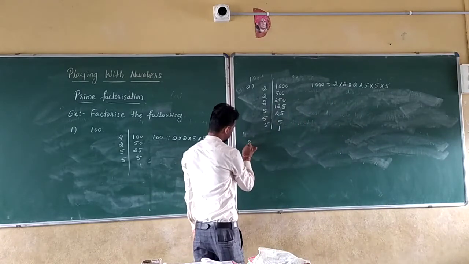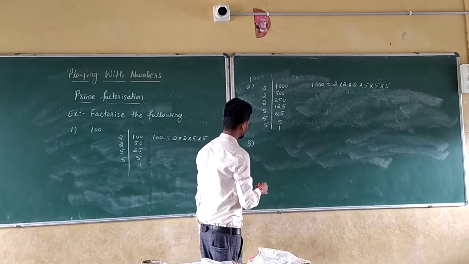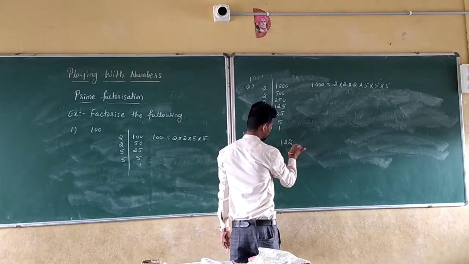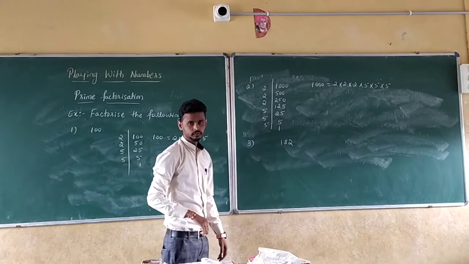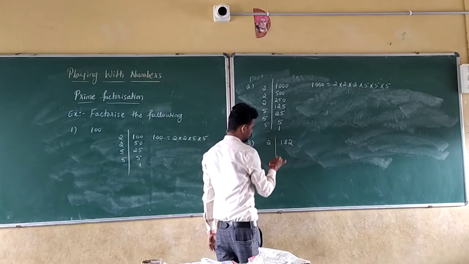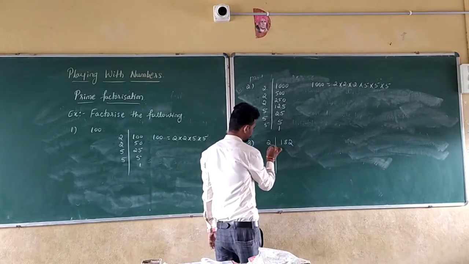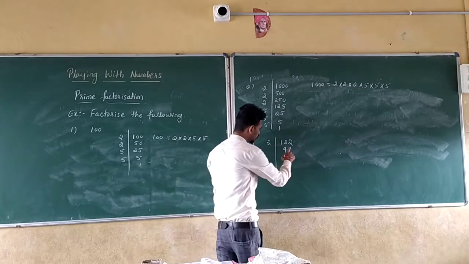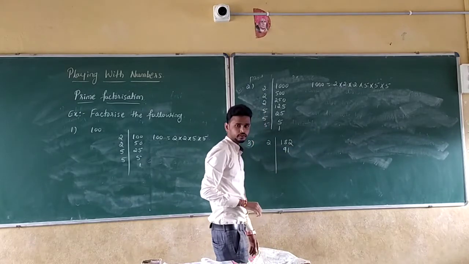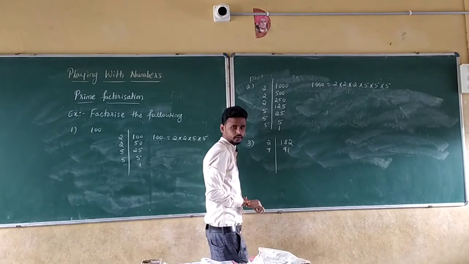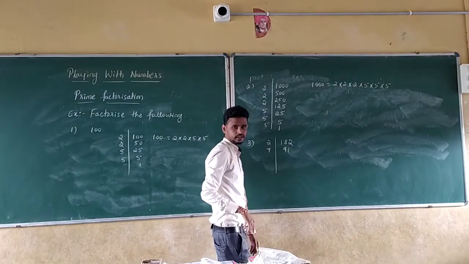Let us see one more example. Factorize that. It is divisible by 2. Divide. 2 nines are 18, 2 remain, 2 ones are 2. Next, 7. Now 91 is divisible by 7.